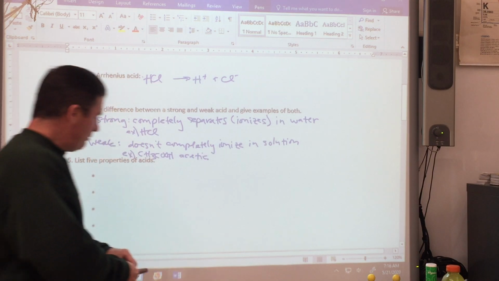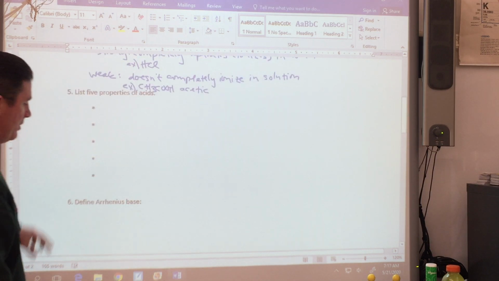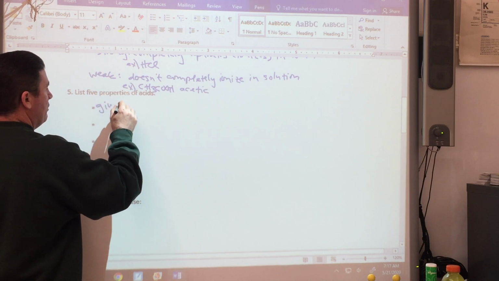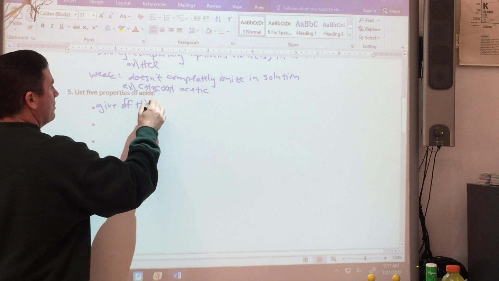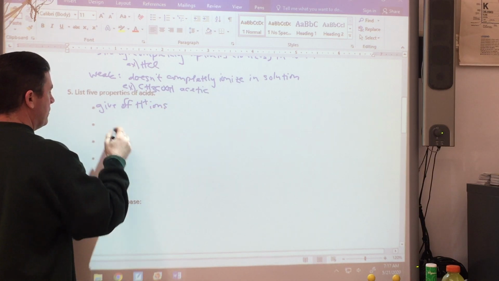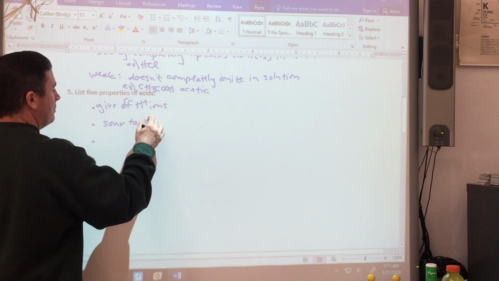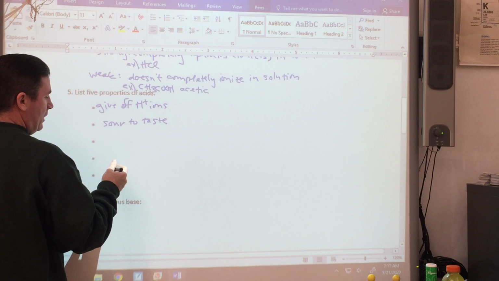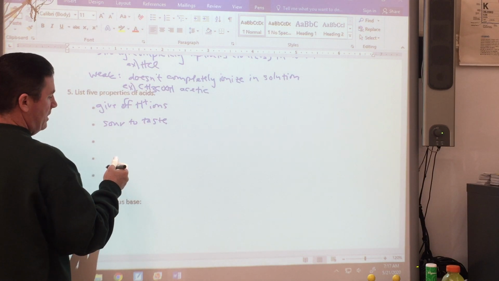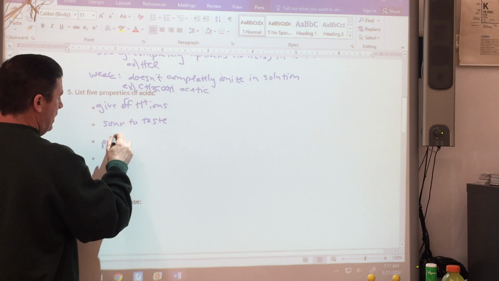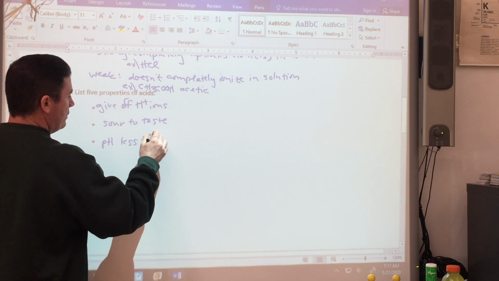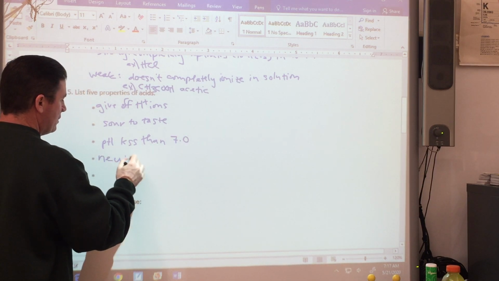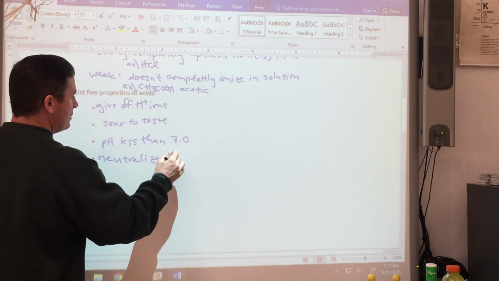Okay? 5 properties of acids. Oh, that's right from your notes. They give off hydrogen ions. They're sour to the taste. What else do we have? They have a pH of less than 7.0. They neutralize bases.